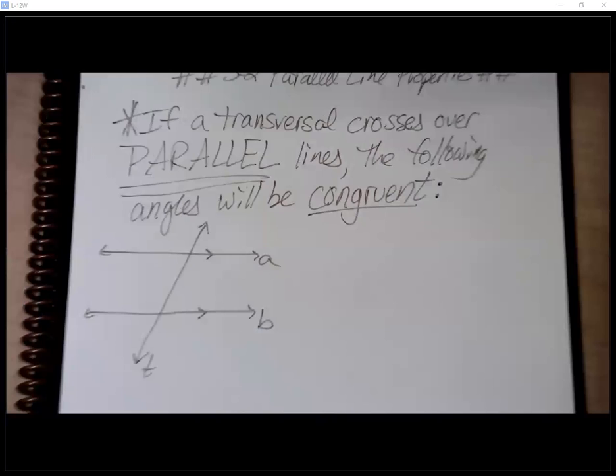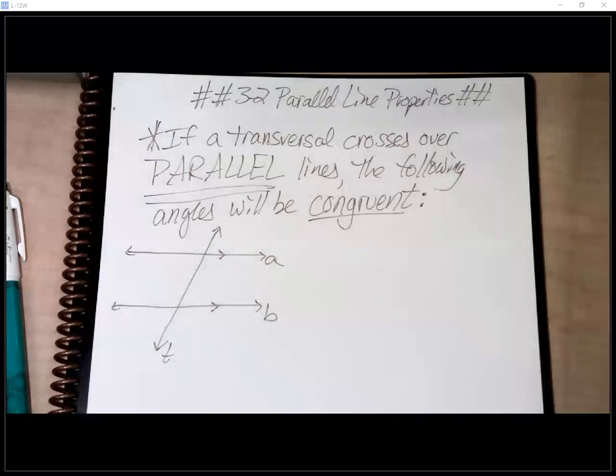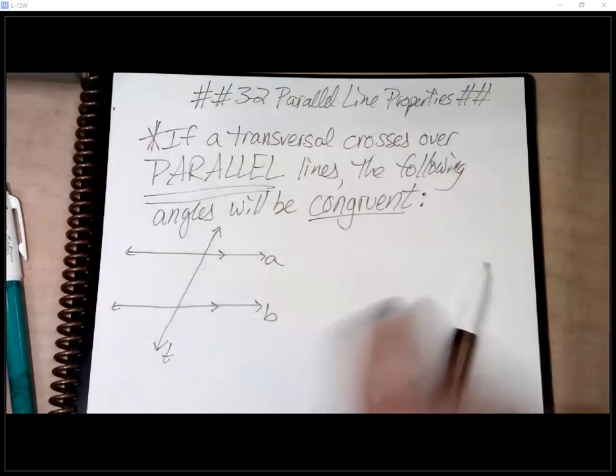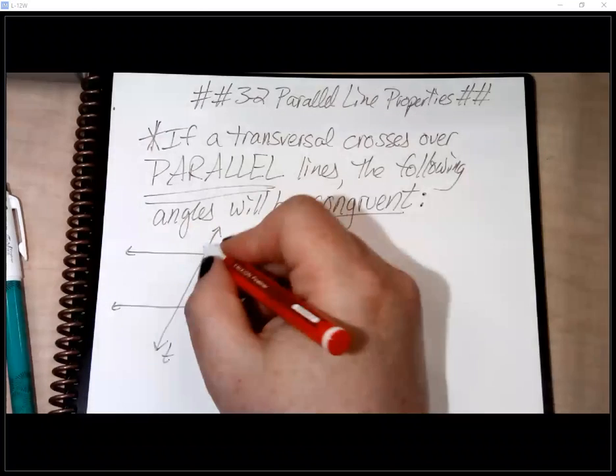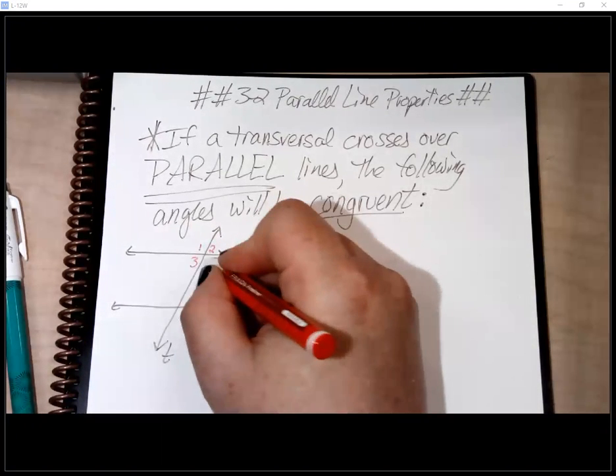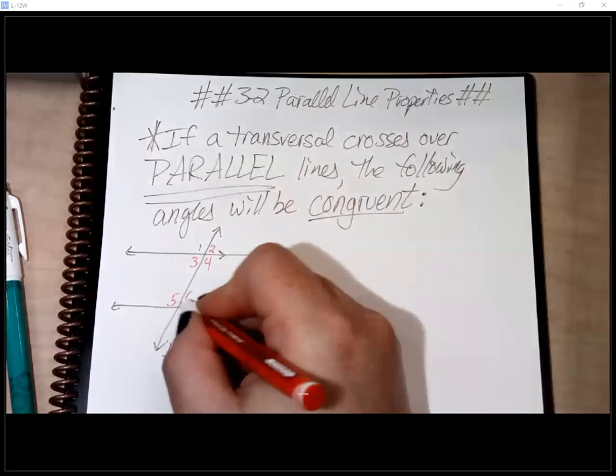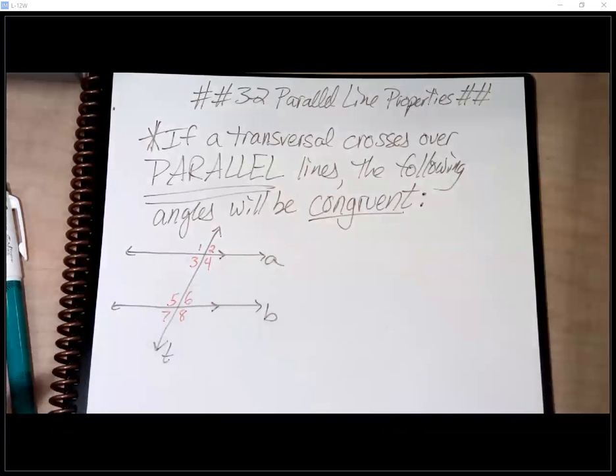And again, I'm going to number my sets of angles here so we can talk about them more easily. 1, 2, 3, 4, 5, 6, 7, 8. If you're drawing the diagram as well, make sure that you number it the same way that I did. Otherwise, our examples won't make any sense.